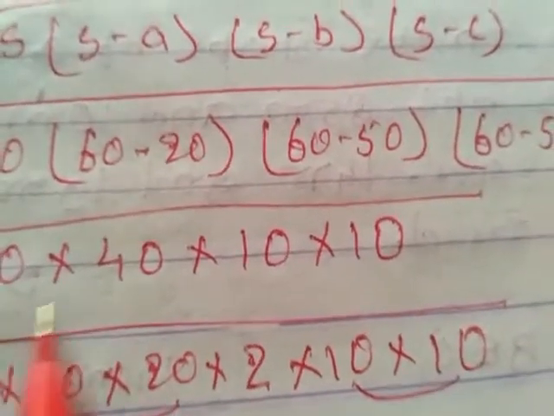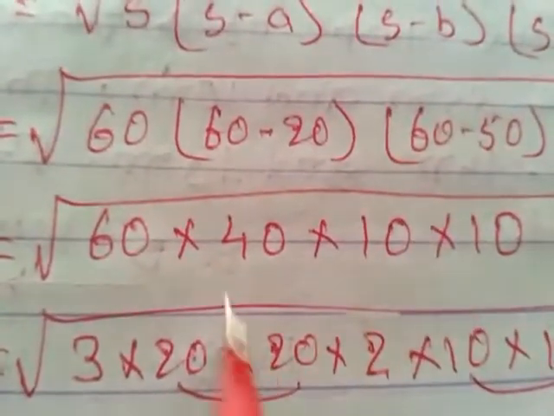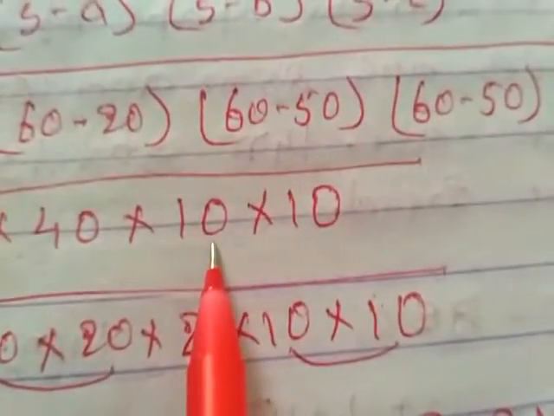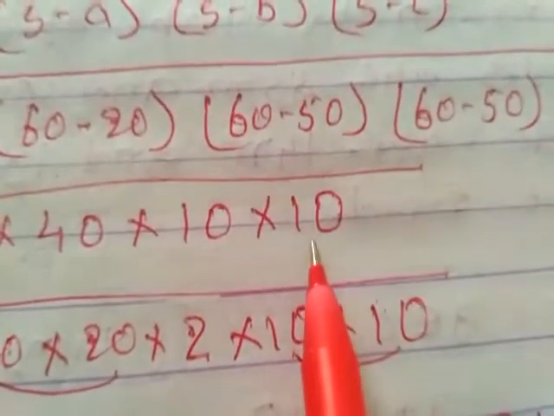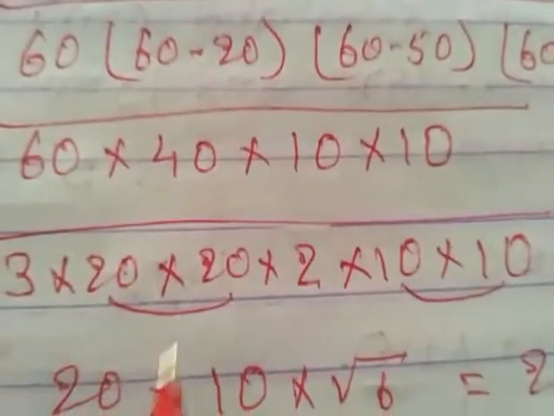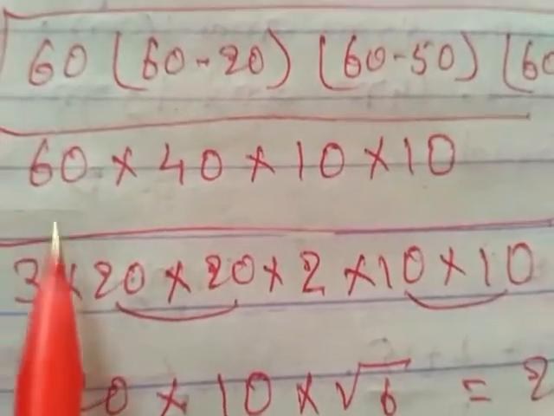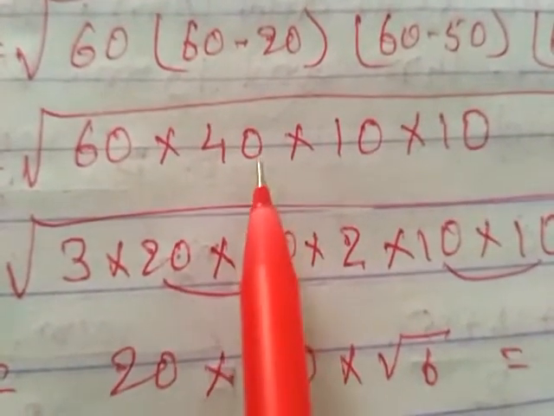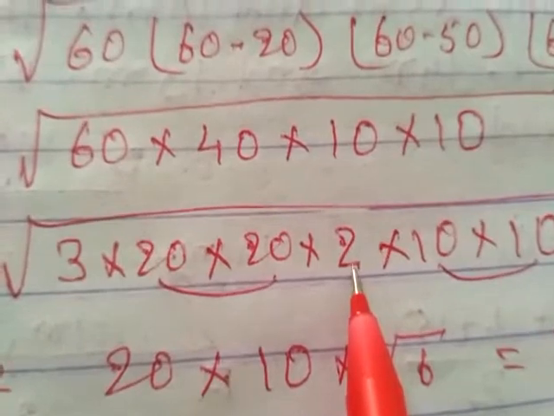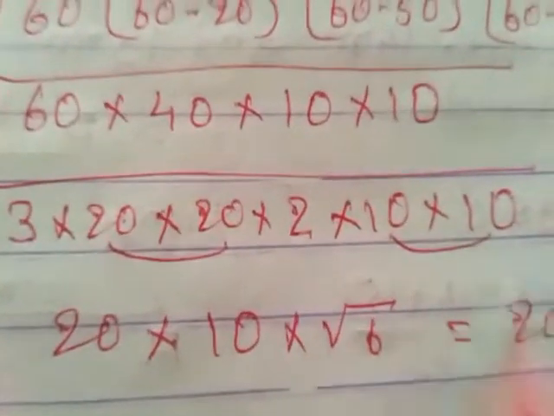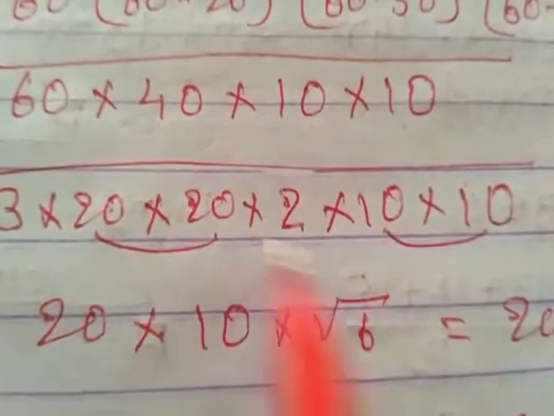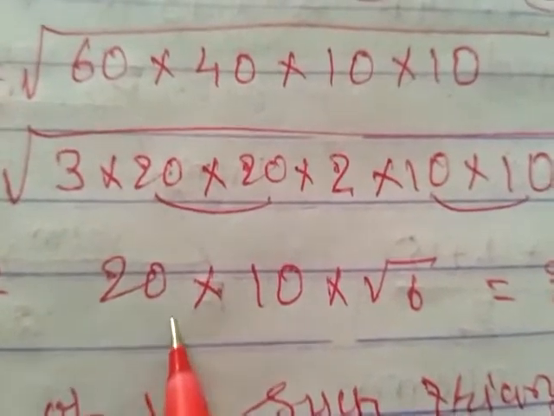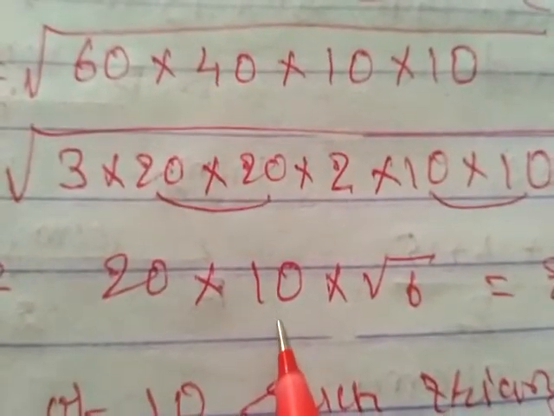Further on solving this, 60 into (60 minus 20 equals 40) into (60 minus 50 equals 10) into (60 minus 50 equals 10). On further factorizing, 60 can be written as 3 into 20, 40 can be written as 20 into 2, and 10 into 10. So here 20 and 10 are in pairs, so we take out 20 and 10 outside the square root.